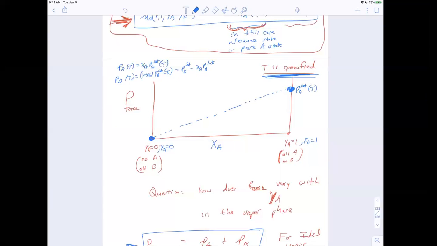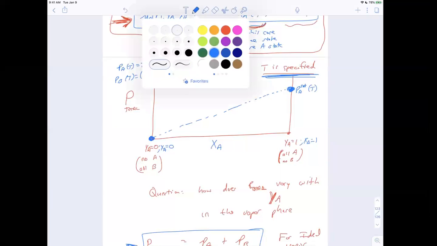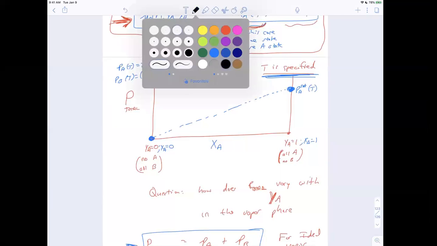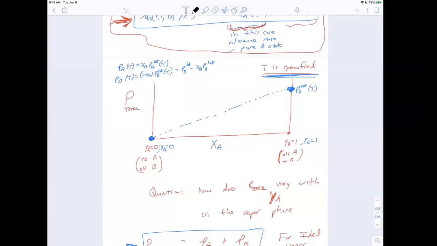So when x_A is 0, P_B is going to equal P_B saturation. We're going to let that be another color, we'll put that in black. So that's right here. This will be P_B sat.